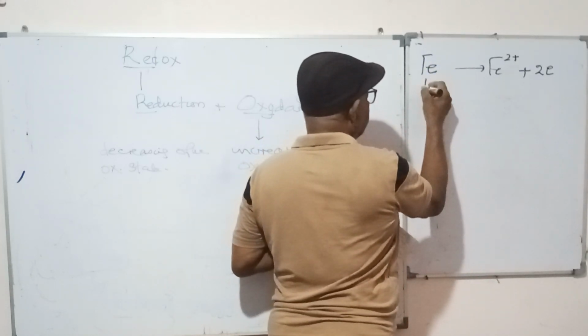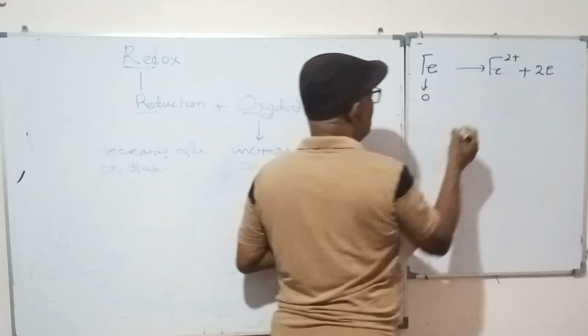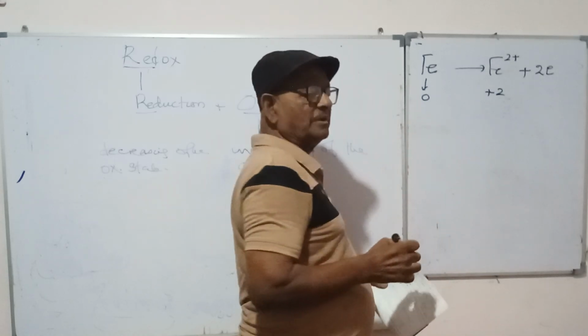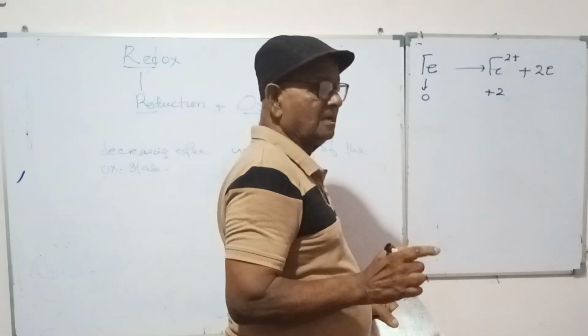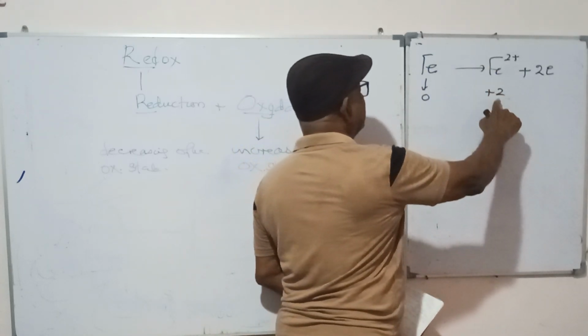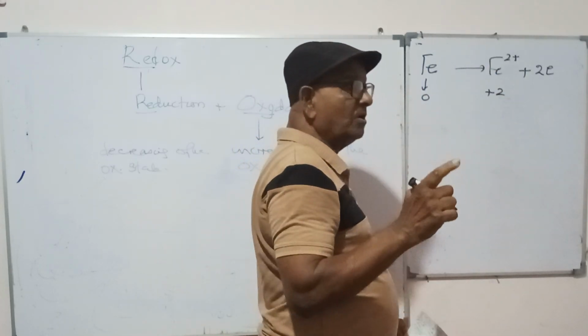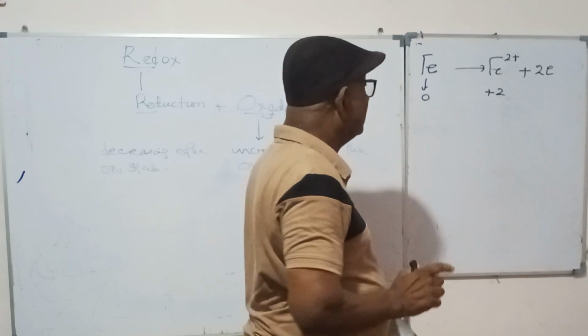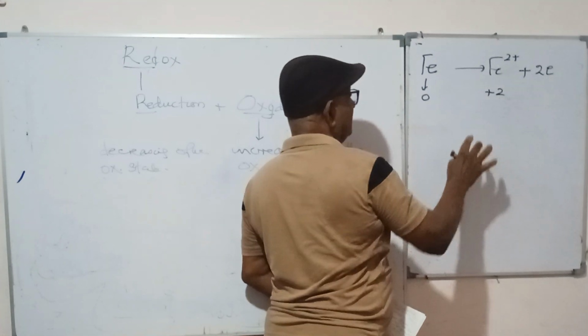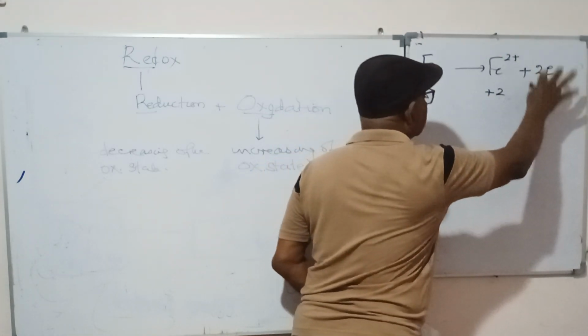Then what happened here? Oxidation state of Fe is 0. Now it becomes plus 2. I told you that increasing of the oxidation state is the oxidation. Now Fe undergoes oxidation with the removal of 2 electrons.